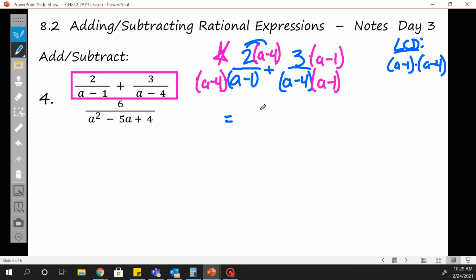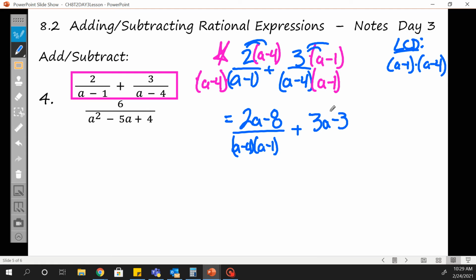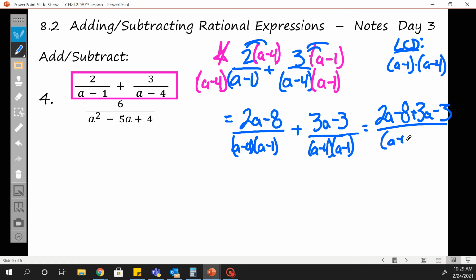So I distribute here. We get 2a minus 8 over a minus 4, a minus 1, plus 3a minus 3 over a minus 4, a minus 1. Combine these into a single fraction, 2a minus 8 plus 3a minus 3 over a minus 4, a minus 1.